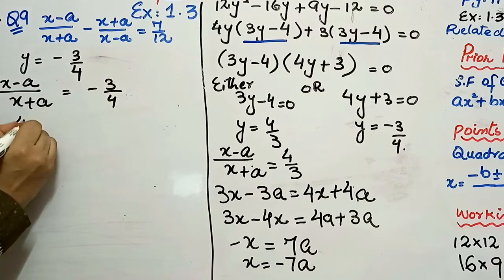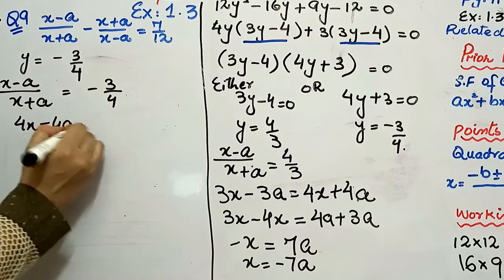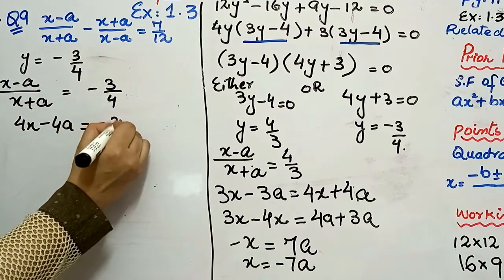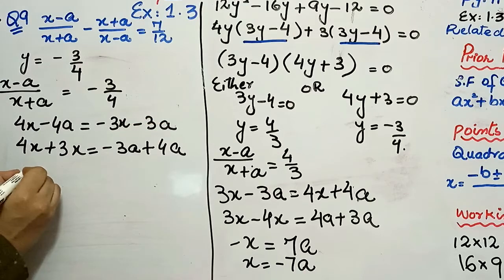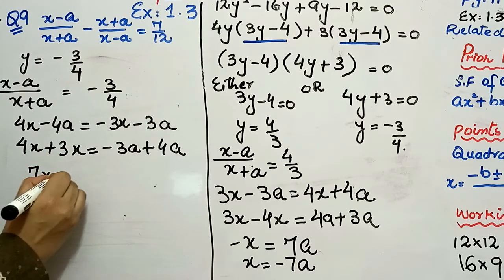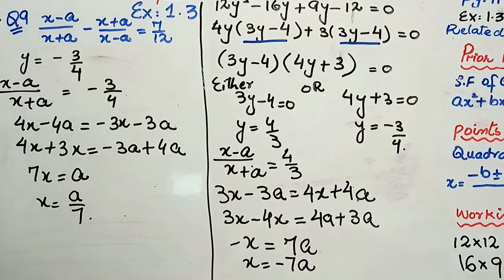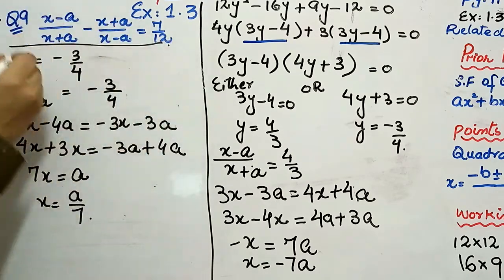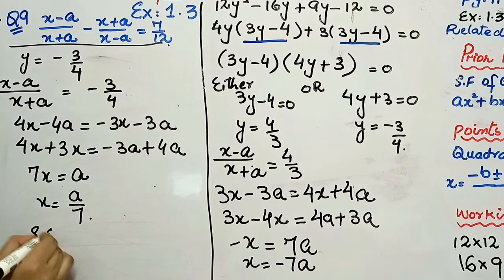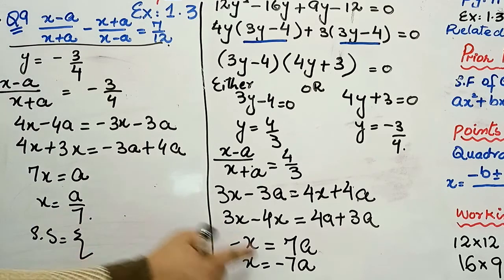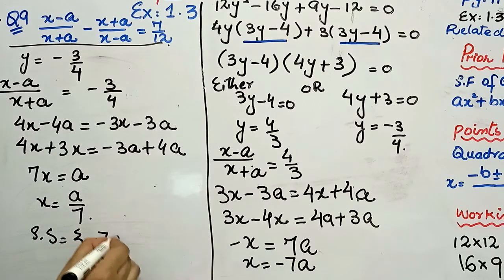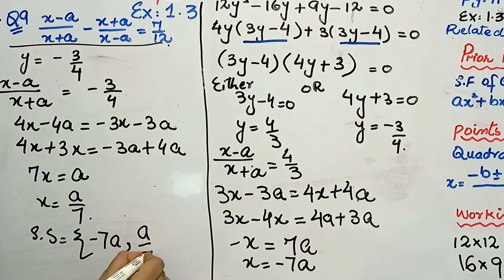It will be 4x minus 4a is equal to minus 3x minus 3a. Change its sign. It will be 7x is equal to a. So x is equal to a by 7. Hence we have found the solution set of this equation, that is x is equal to minus 7a and a by 7.